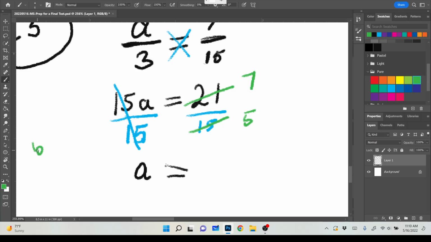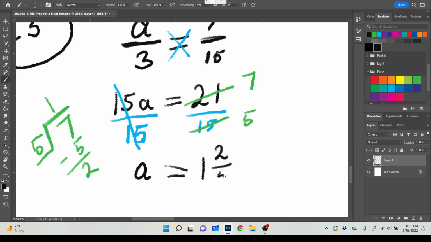So then we're going to do 5 into 7. 5 goes into 7 how many times? 1 times. 1 times 5 is 5. We subtract it. What's 7 minus 5? 2. So our answer is A equals 1 and 2/5.